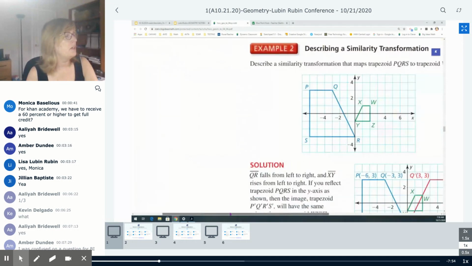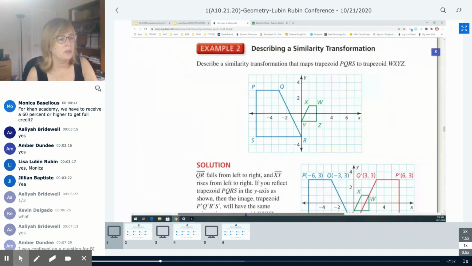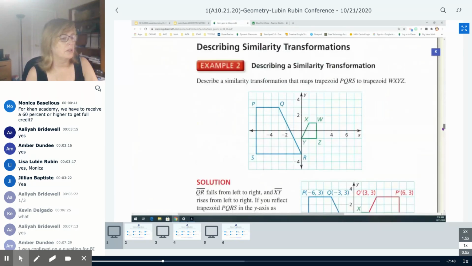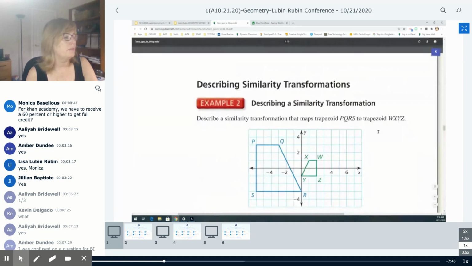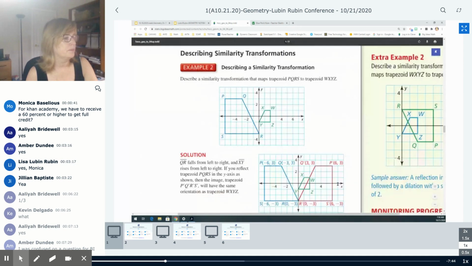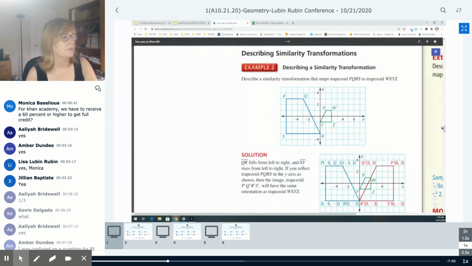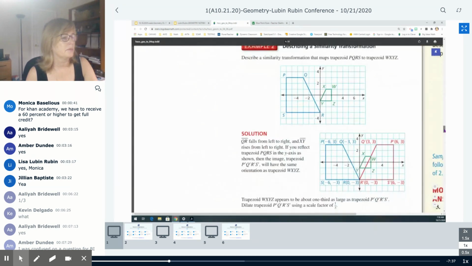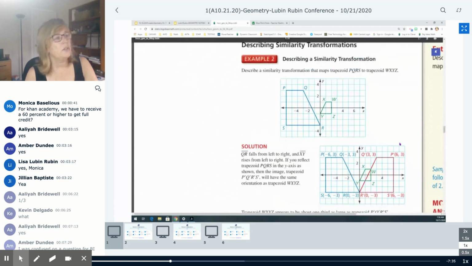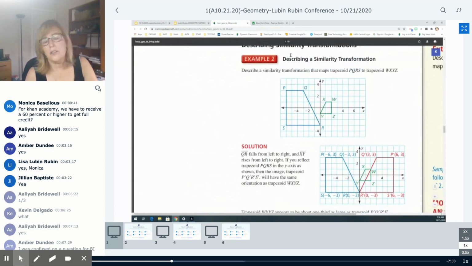Okay, this is the other thing I wanted to show you. Let me make this a little smaller. Okay, so here they're going to ask you to describe a transformation that's similar.